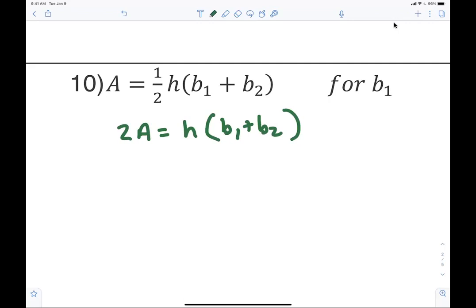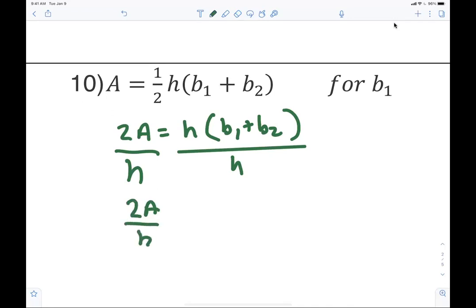How do I get rid of h? Divide by h. So now I have 2a over h equals b1 plus b2.